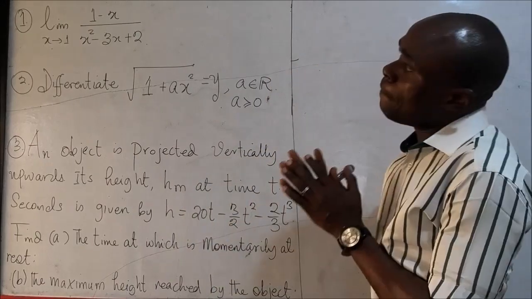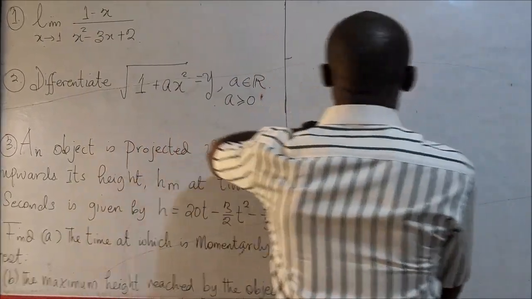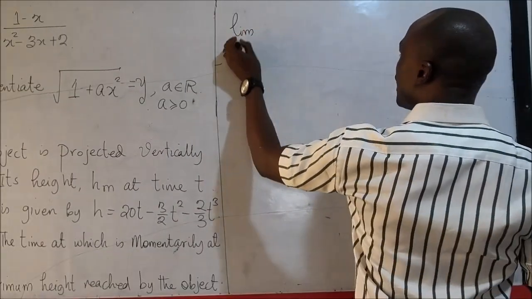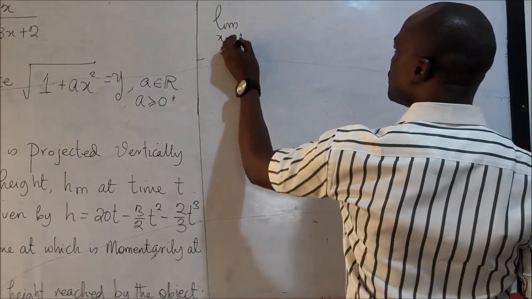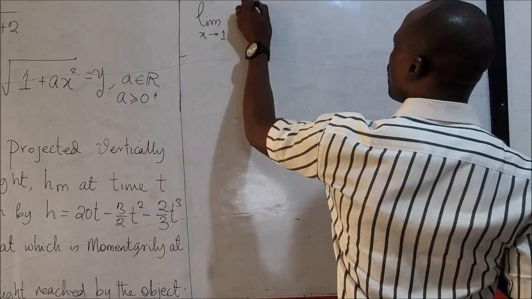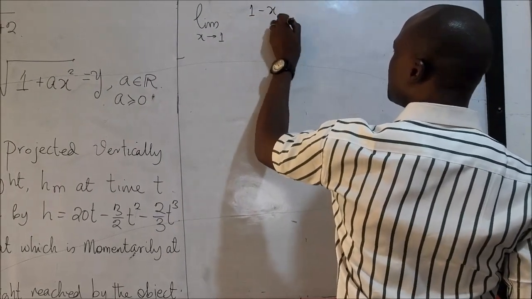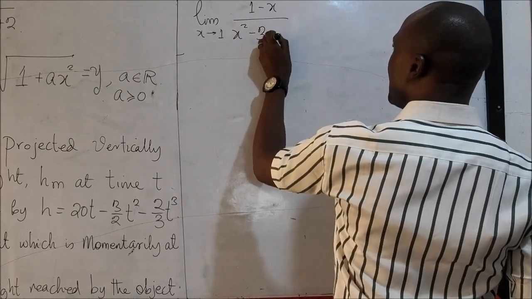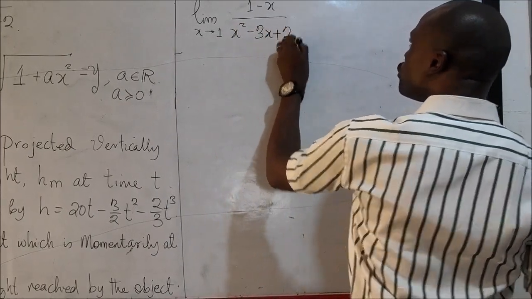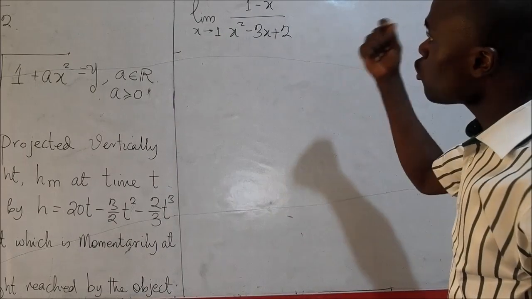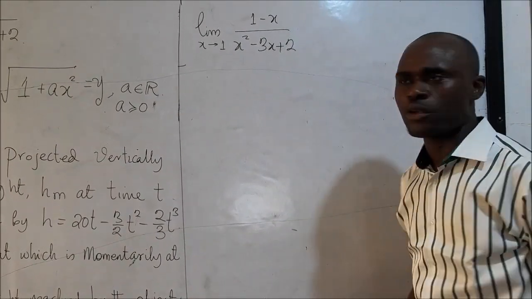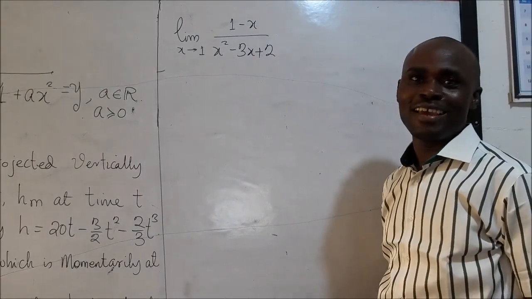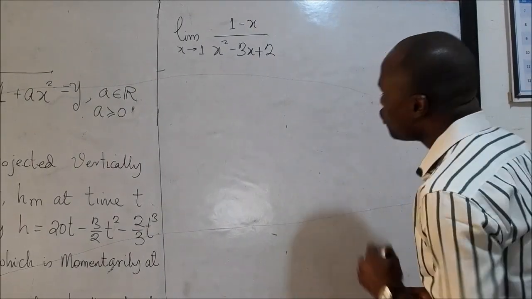So we are going to look at this function. We have the limit as x tends to 1 of 1 minus x divided by x squared minus 3x plus 2. So what do we do? We can apply the algebraic method to see if we can factorize the denominator of the rational function. How do we do that?